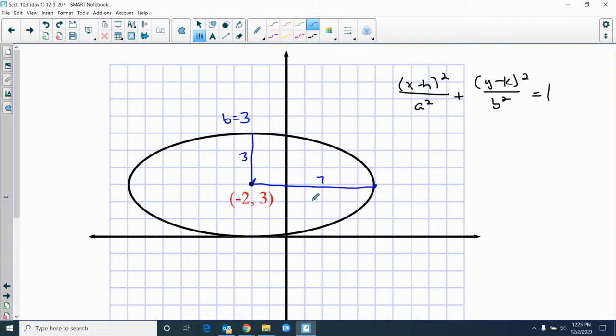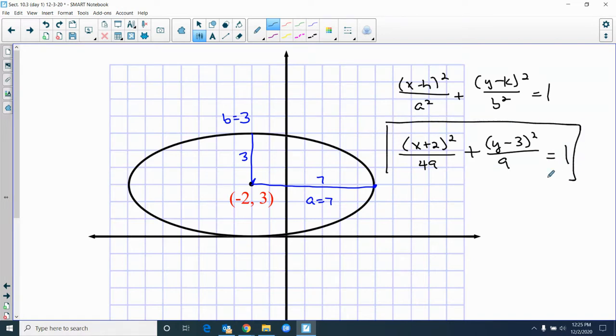B is always a smaller value. A is 7. Well, for our equation, it is just going to become x plus 2 squared over a squared, which is 7 squared, which is 49, plus y minus 3 squared over 3 squared, which is 9, equals 1.